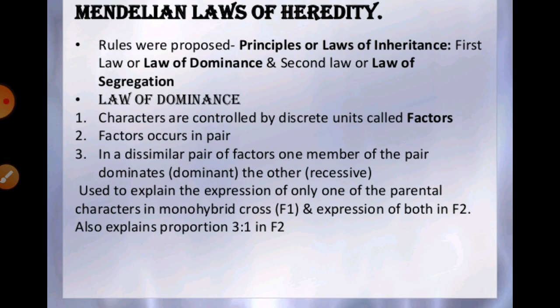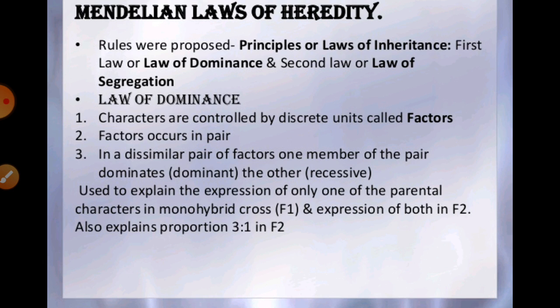Remember, boys, that according to the law of dominance, the characters are controlled by genes, everybody knows all characters are controlled with the help of genes, and these genes are always in pairs. When two alternative forms of traits, or characters, or genes, or alleles, are present in an organism, only one factor expresses itself, and that is called dominant.